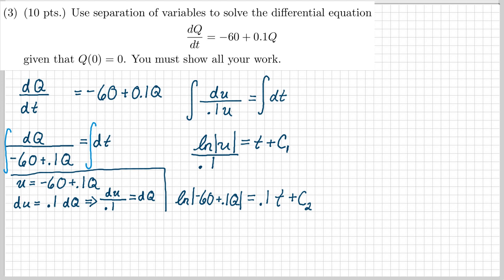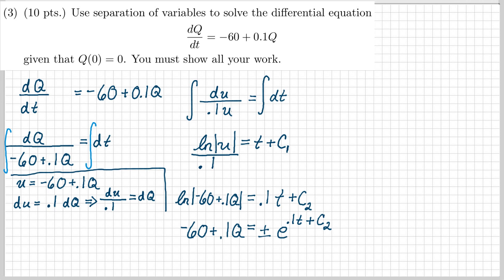So from here, now that I have my new arbitrary constant, because I don't really care what the old one was, I just care what the final one is going to be, I'm going to take e to both sides to get rid of the natural log. So I get the inside of the natural log equals plus or minus e to the 0.1t plus c2.